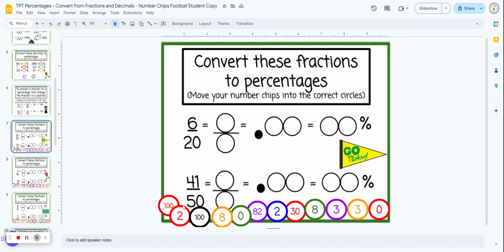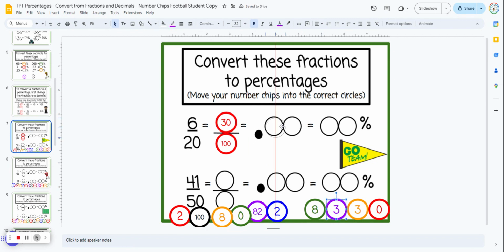And they're going to move 100 into place first. So if we multiply the numerator and denominator by 5, we get an equivalent fraction of 30 hundredths. 30 hundredths as a decimal would look like this. And if we move that decimal point 2 places to the right, we get 30%.